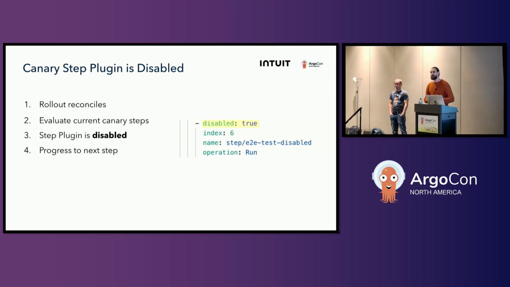Potentially, at some point, they hit a deadline, and they all abort. So we don't want that. So as a way to mitigate that, a rollout operator can go in the config map, disable the plugin, and in your execution, the rollout will simply skip that plugin and progress to the next step.